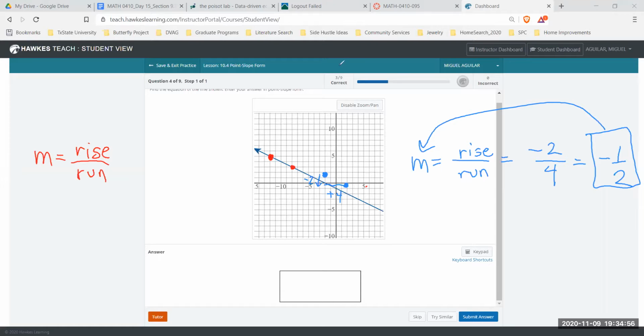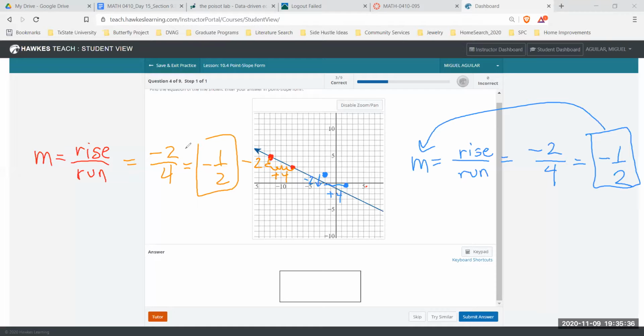Well, you would still have to go down 1, 2, so that's -2, and then over 1, 2, 3, 4. So you would get -2 over 4, which reduces to -1/2. So regardless of the 2 points that you choose, as long as they're on the line, rise over run will give you the correct slope. Okay, and now if it's a fraction that can be reduced, you do need to reduce it so it's in simplest form.